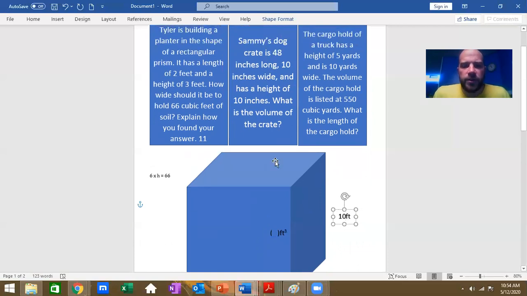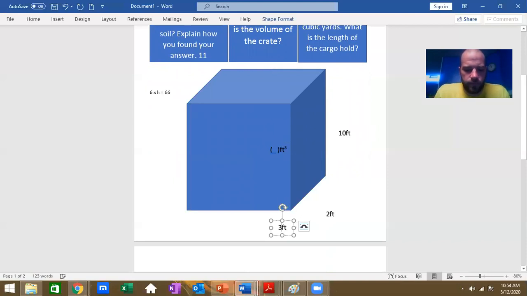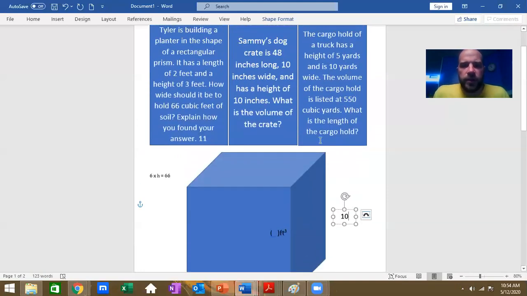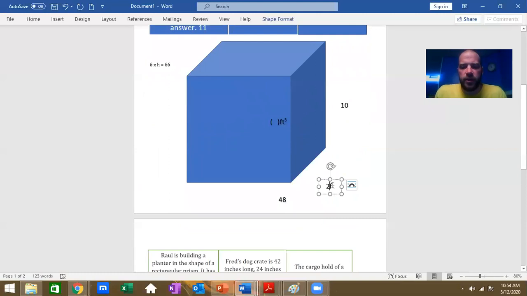And then it's 48 inches long. Let's get rid of the units. 48, and then it's also 10 over here. So all we have to do here is actually find the answer.